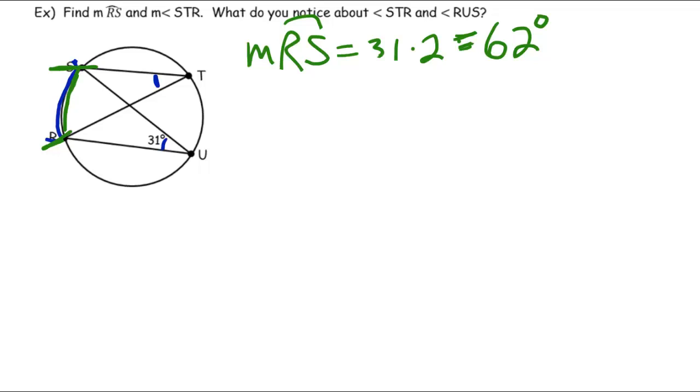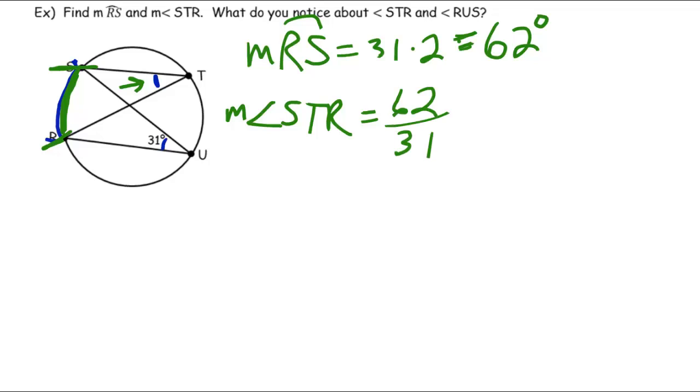What we also need to look at is arc RS being 62 degrees makes this angle T right here the exact same measure. Angle STR equals 62, because that is the arc that it intercepts, divided by 2, which is 31 degrees.